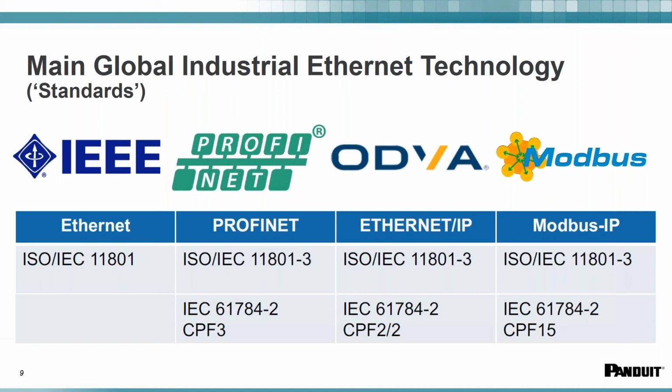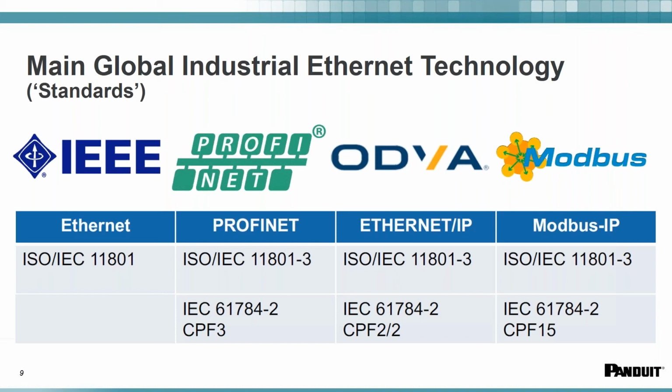As you see across this table, you will recognize that Profinet is a subset inside the 802.3 standard. Ethernet IP is a subset, and so is Modbus TCP. Those are different organizations that generated those subsections inside the Ethernet standard.